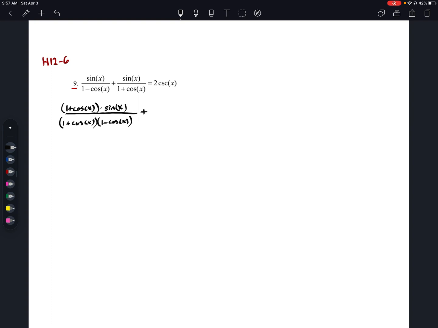Then we have plus, on the other side we would have to multiply by the 1 minus cosine of x on each side. So we have a sine of x times a 1 minus the cosine of x all over that same denominator, 1 plus cosine of x times 1 minus cosine of x.